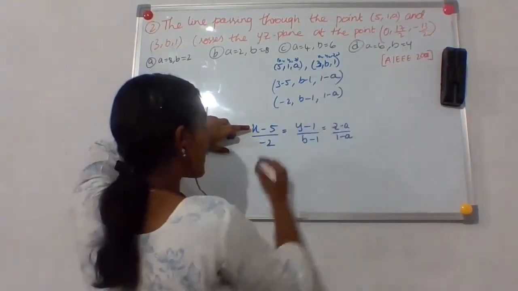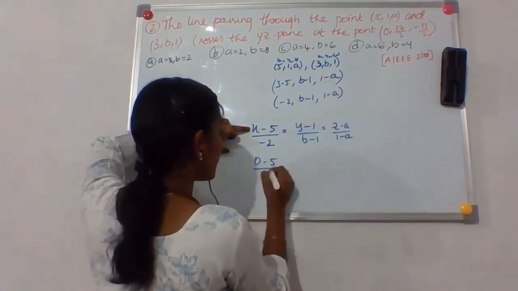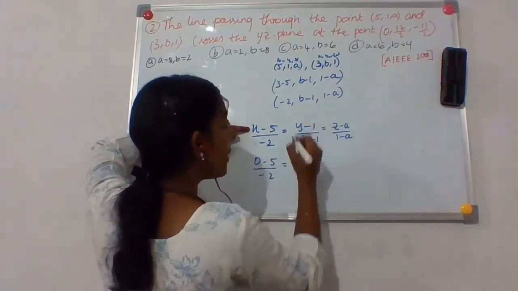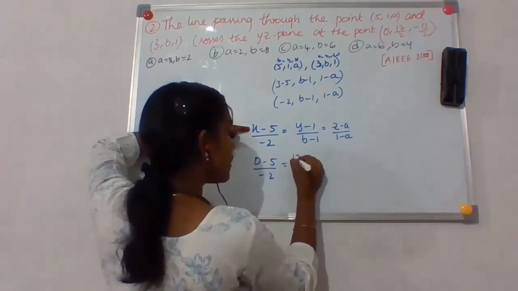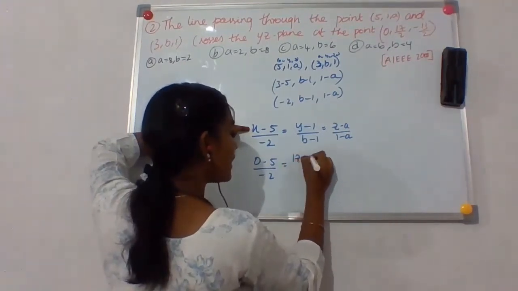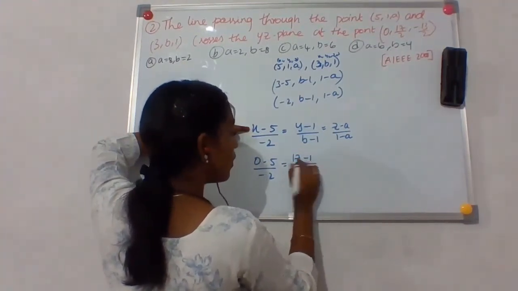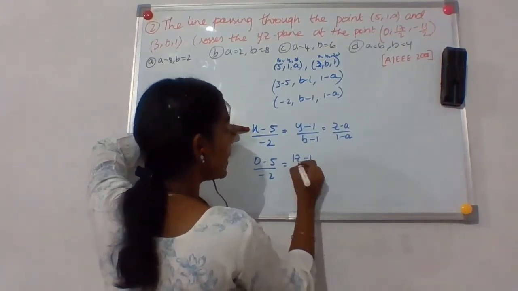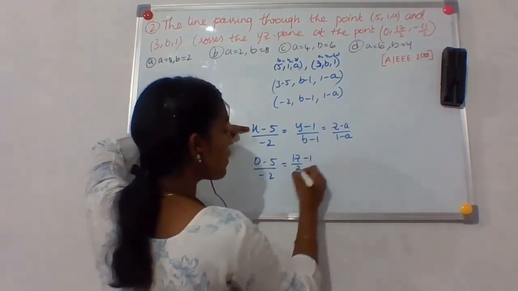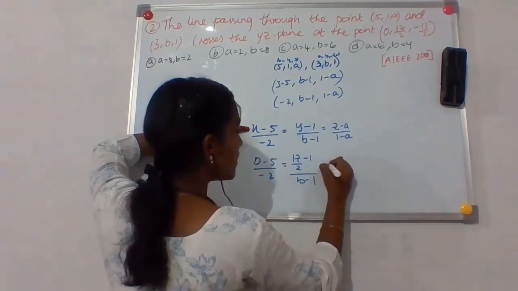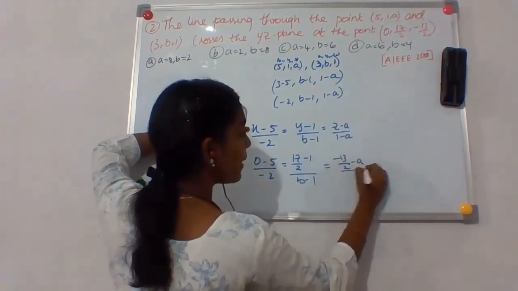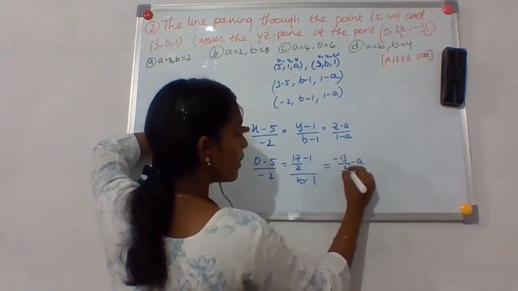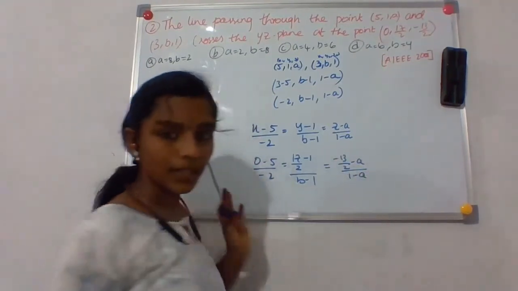In place of x, 0 minus 5 by minus 2 is equal to y, 17, okay, 17, not z. 17 by 2 minus 1 by b minus 1 is equal to z, which is minus 13 by 2 minus a by 1 minus a. Okay, clear?